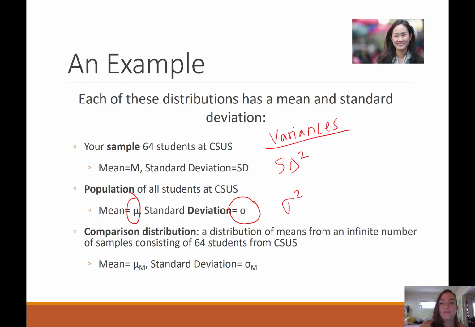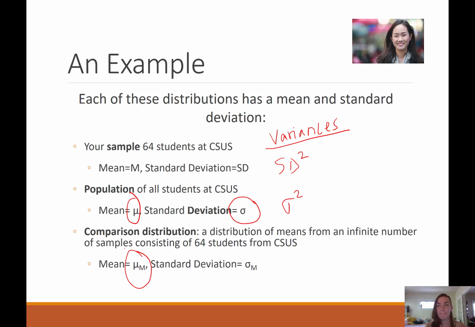So when we get to the comparison distribution of the distribution of means, this distribution also has a mean and a standard deviation. And the mean of this distribution will be denoted by mu sub m. So we know mu always will represent a mean. And in this case, this is the mean of the distribution of means, which is why we have mu sub m.